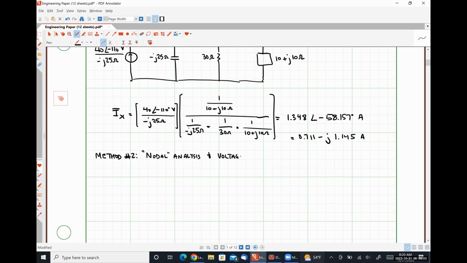Actually, this would be nodal analysis and Ohm's law, not voltage division, because we're not trying to find a voltage. So I'm just going to redraw my frequency domain circuit here.